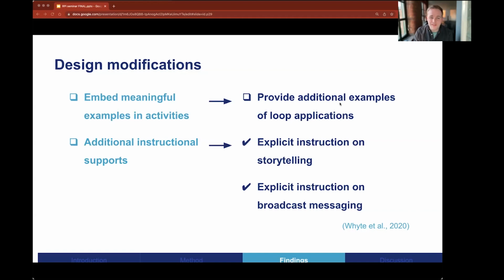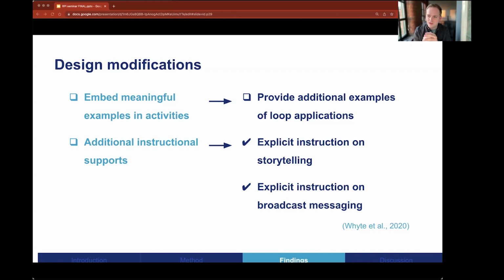And also we had some additional instructional supports. In one of the earlier iterations, the pilot study, we found that students weren't necessarily finding it difficult to program, or well, they were, but that the significant challenge was generating a story idea and thinking about multiple scenes and how they start, continue, and end their story.